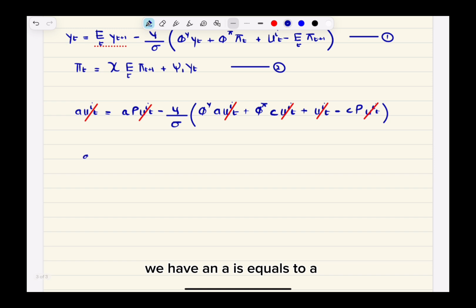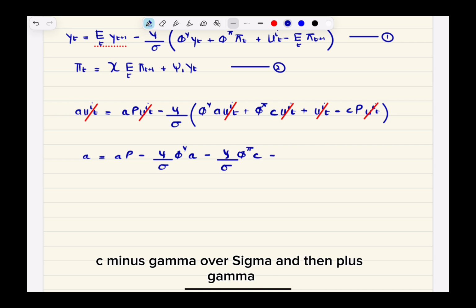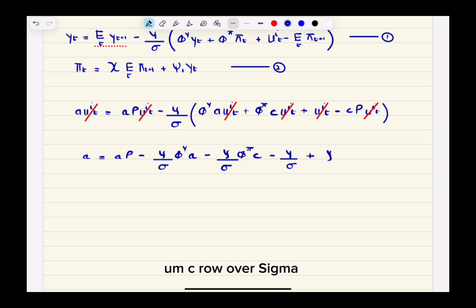We have a equals a rho minus delta sigma coefficient of output a minus gamma sigma coefficient of inflation c minus gamma over sigma and then plus gamma c rho over sigma.